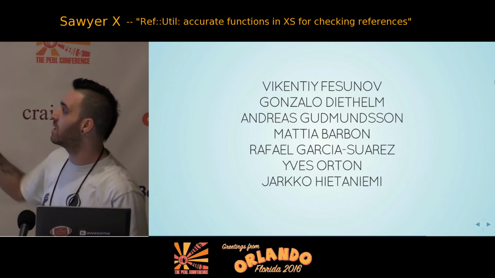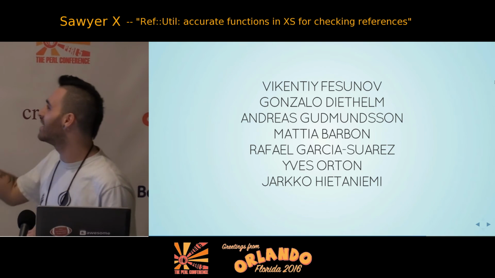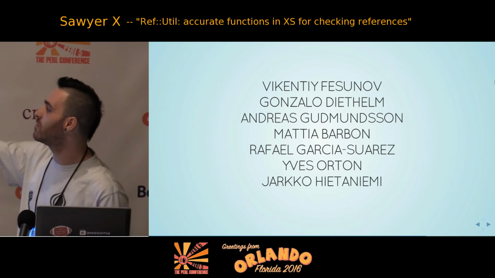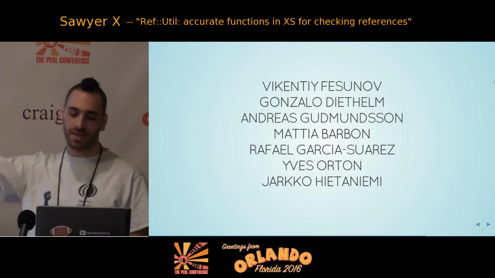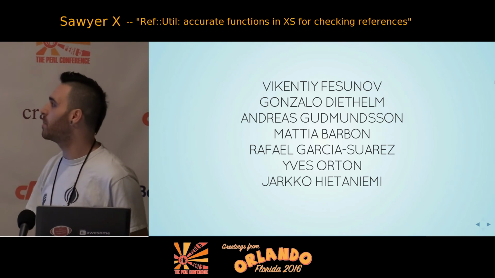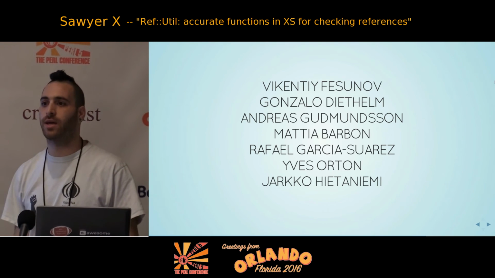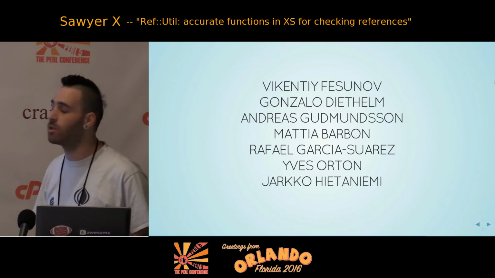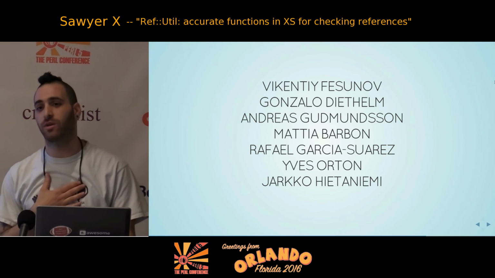And Andreas Gudmundsson, it's hard. Mattia Barbone, Rafael, Eve, Yarko, these people are also core devs in Perl 5 Core, and they're awesome and helpful and amazing. And I want to really thank these people. They've been instrumental in helping me learn and get better, and they still are, because I'm still learning a lot. So thank you very, very much.